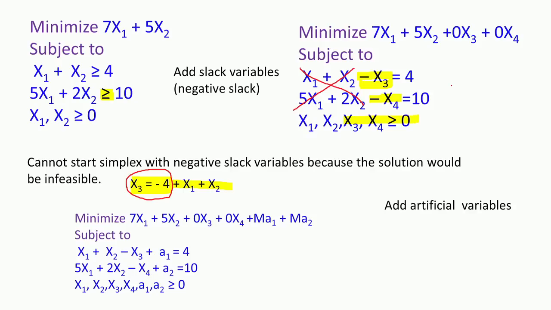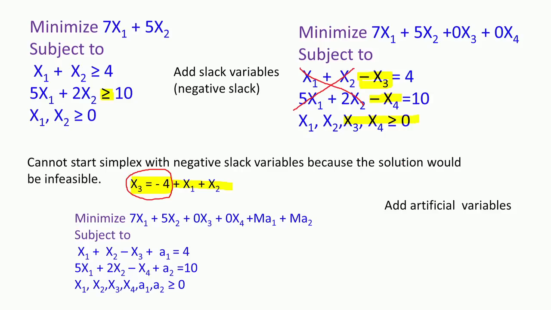So, we observed that if we had a positive slack variable, a slack variable with a plus 1 coefficient, then we could have started with that. But the greater than or equal to constraint does not give us the scope to add a slack variable with a positive coefficient.